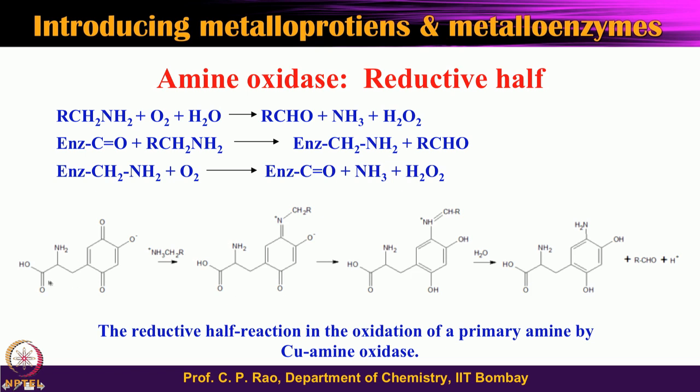So, let us look at the first half of the enzyme, which you can call the reductive half. This is the cofactor TPQ, and it interacts with your substrate, which is amine. As an example NH2CH2R is shown, and that will form a Schiff base, and this Schiff base is interconverted to this by losing the water and the amine moiety, and this releases the aldehyde.